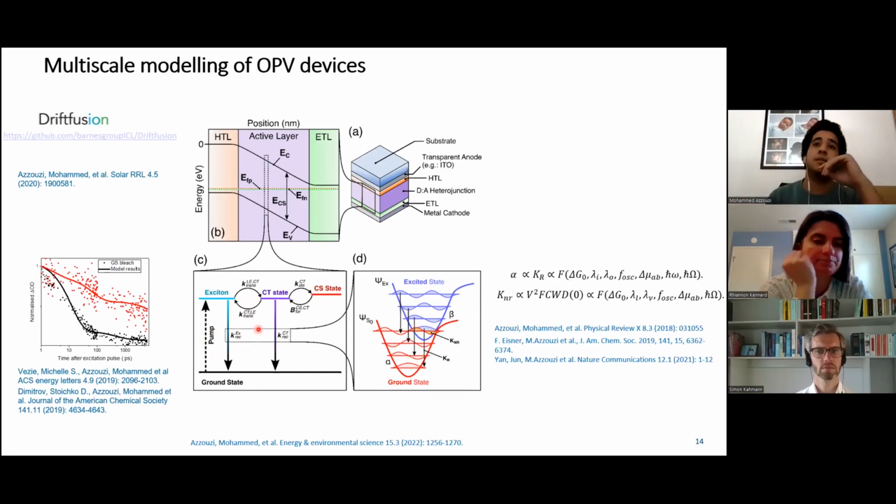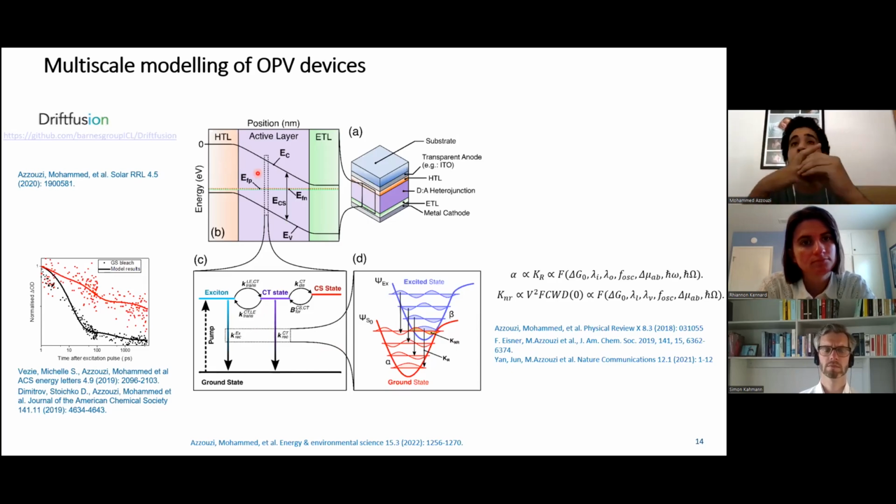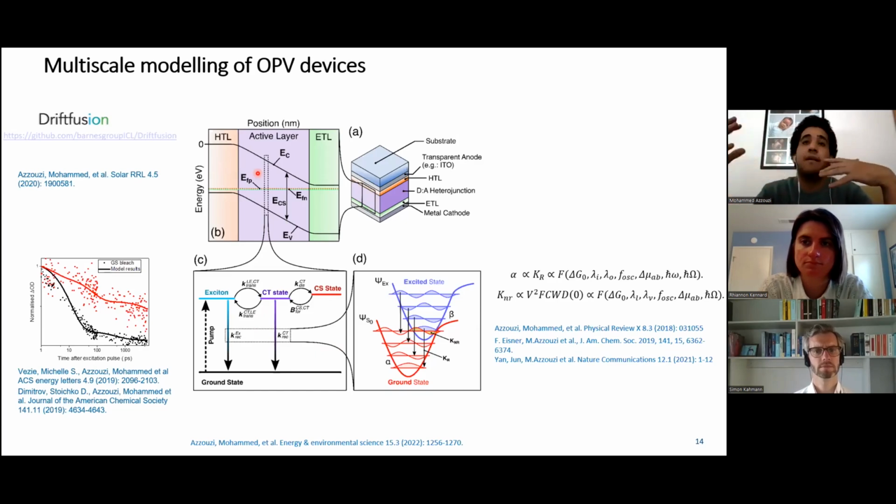And then we incorporate all of this into a drift diffusion model so that we can simulate the response of the system to an electric field, and simulate exactly the JV or other optoelectronic characterization that we can do.